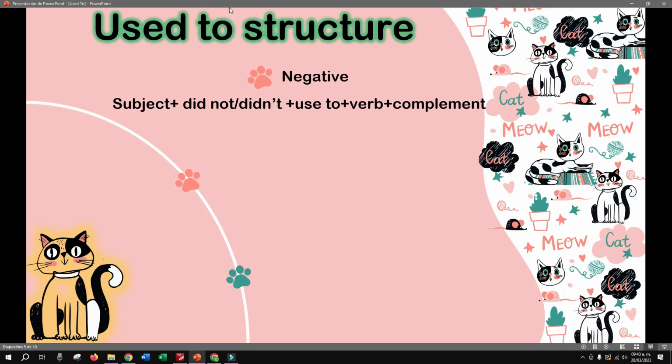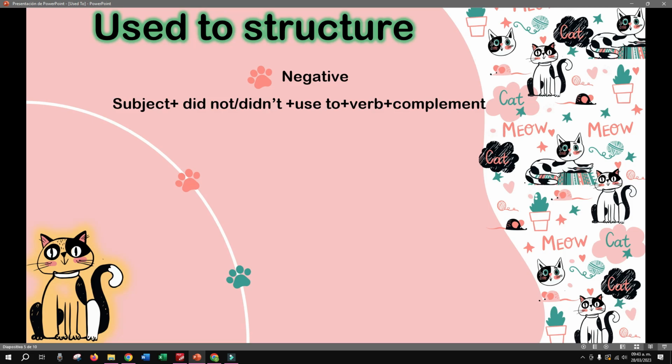So used to is past. That's why we're going to use did plus the word not. So we can say the long form, did not, or didn't, that will be the short form. Then look, used to. If you notice here, we don't have the D, right?